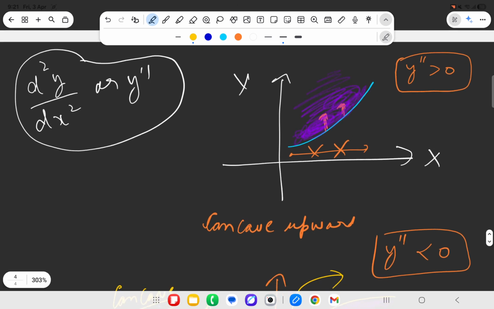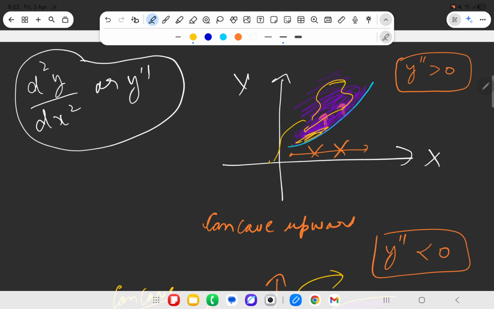If my second order derivative is greater than 0, it means that it is concave upward, in the sense that if this color represents water, due to this curveness some of the water stays here, and the rest of the water will drop.